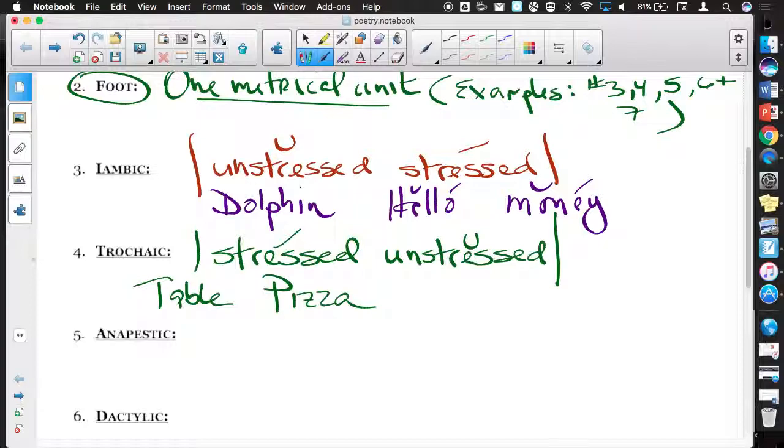Dylan, when you think of Brendan, what's the first word that comes to mind? Ugly. Stressed, unstressed. Well, that's 3 syllables. Cutie.